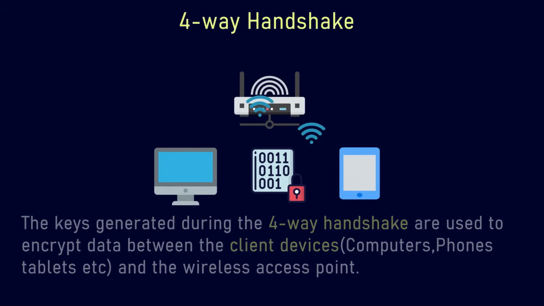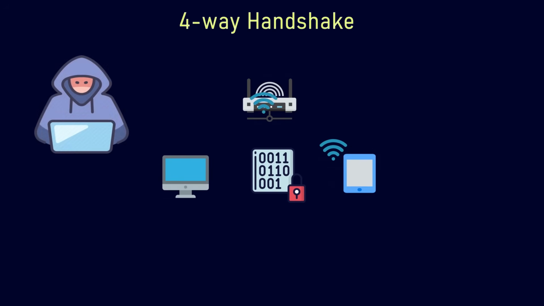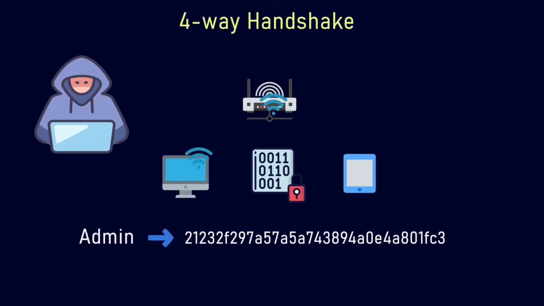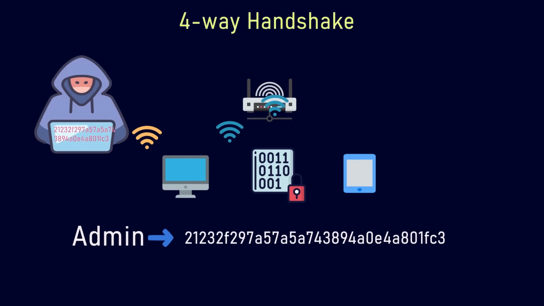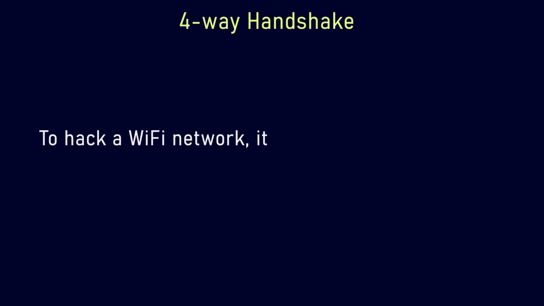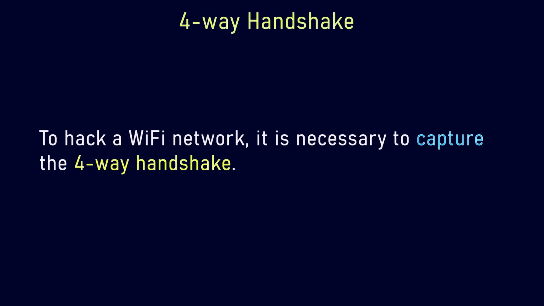This allows the client to access the internet securely. Data gets encrypted, and even if attackers intercept this encrypted data, they will only see scrambled or encrypted information, not the original data itself. Now, to hack a Wi-Fi network, we need to capture the four-way handshake.